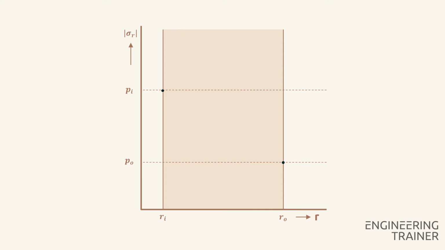The expression for the stress distribution inside the pipe wall is given by Lamé's theorem. This theorem states the stress variations through the wall of a pressurized cylinder. If we look at the radial stress, so sigma r as a function of the radius, the theorem provides the following expression.